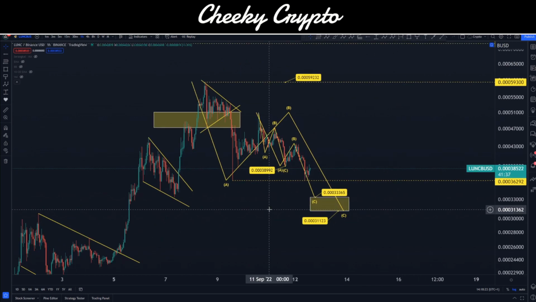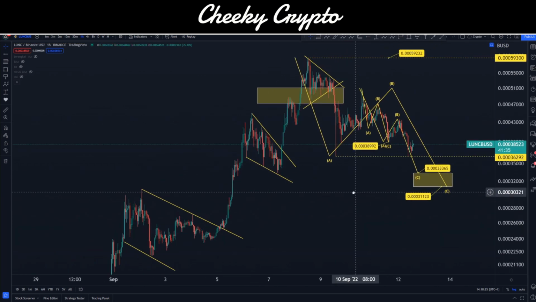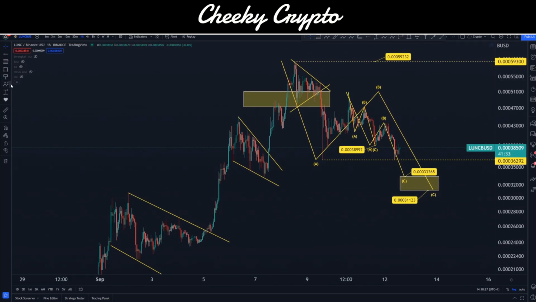Let's talk about something else that's getting circulated around a little bit with Lunar Classic, and that's the head and shoulder pattern. Let me grab hold of the structure here. It's basically speculating that this high point is the head, this is our right shoulder, this is our left shoulder. There's a problem with this, and I'll show you why. We have to pick an area here that is going to be the origin position of our left shoulder.